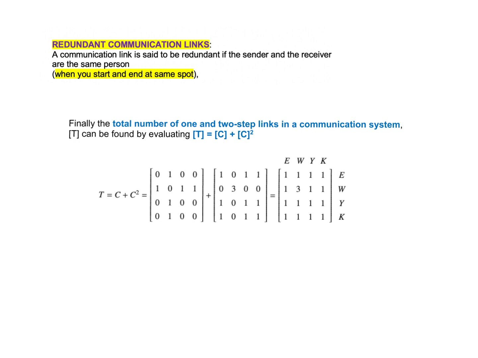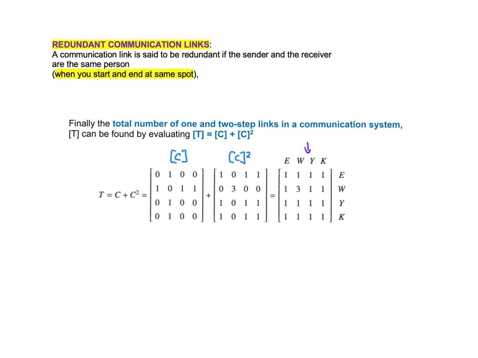So what they'll say is, finally, the total number of 1-step and 2-step communication links can be found by adding. They'll say the best communicator is the person who has the most 1 and 2-step communication links. So you can see here, this was C, and this was what C squared was, and you add them together and you get this matrix here.